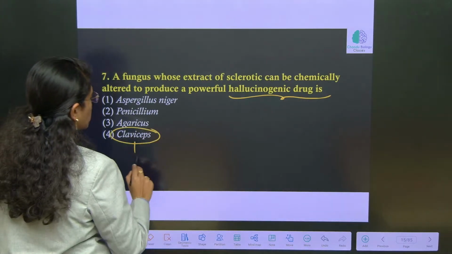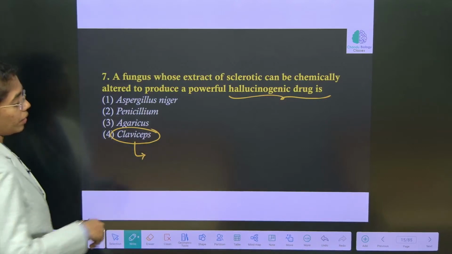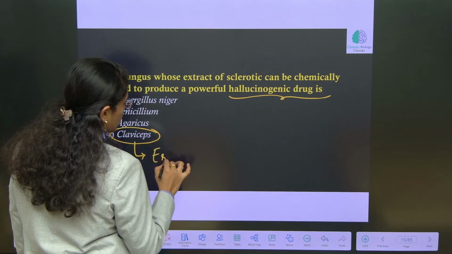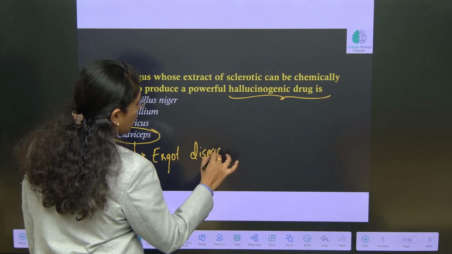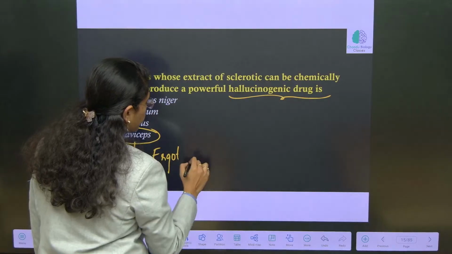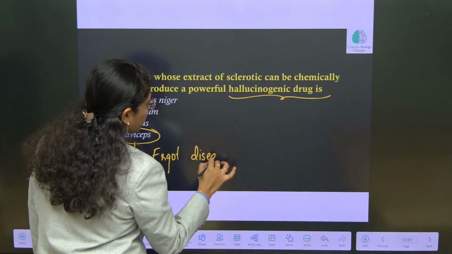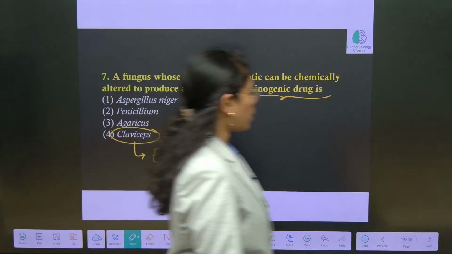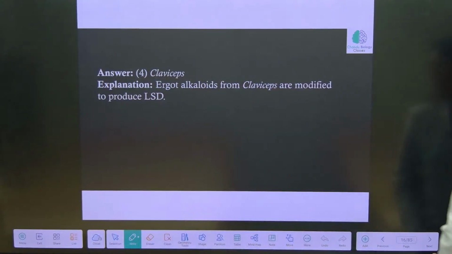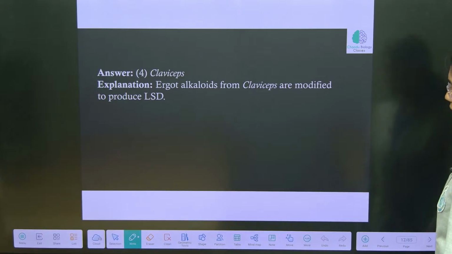Claviceps fungus will cause ergot disease in Poaceae members, and this will cause the most powerful hallucinogenic effect. Ergot alkaloids from Claviceps are modified to produce LSD.